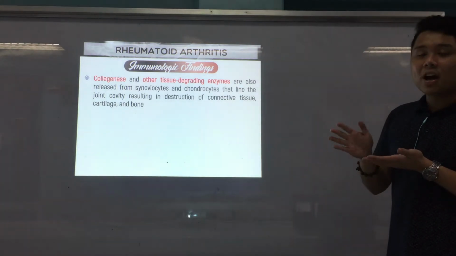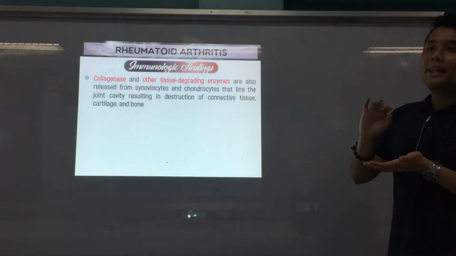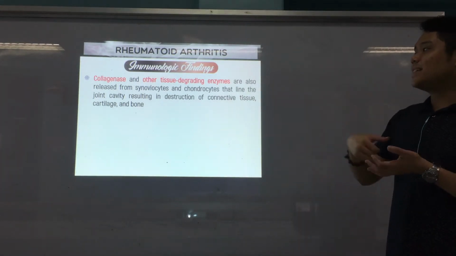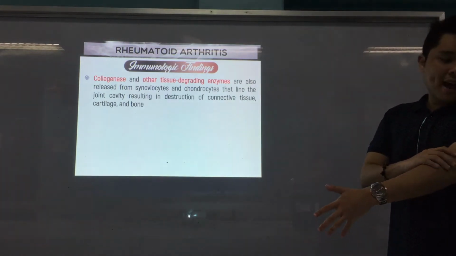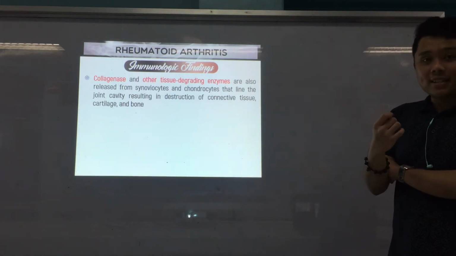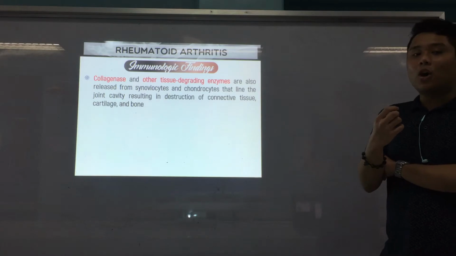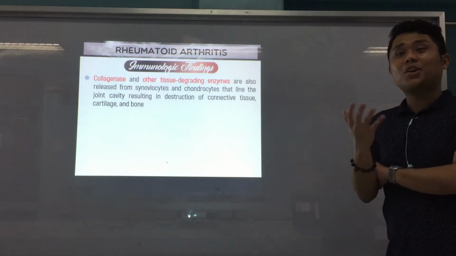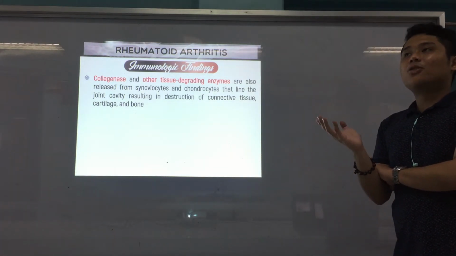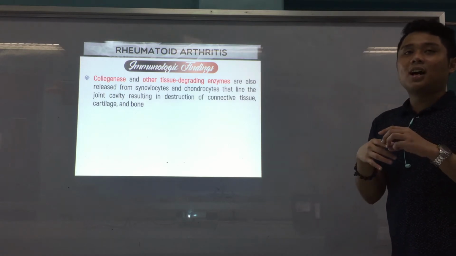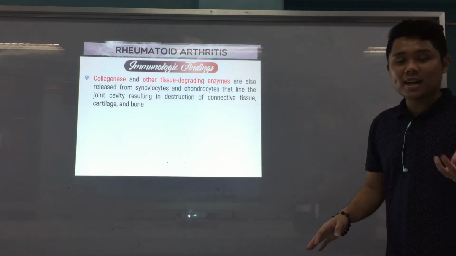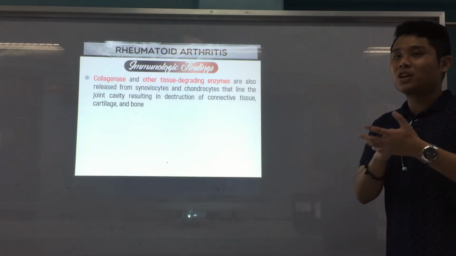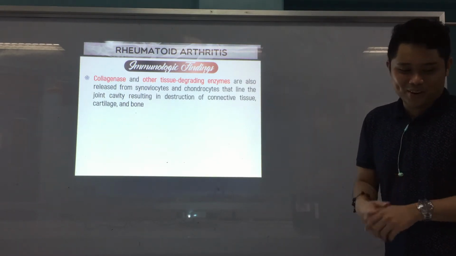Because of increased cytokines and increased APRs, it triggers the release of these enzymes from the synoviocytes and the chondrocytes. These enzymes can destroy the connective tissue surrounding the cartilage and the bone, which worsens the situation.